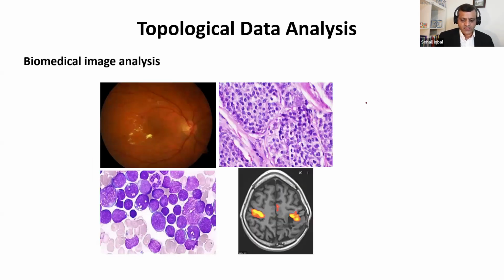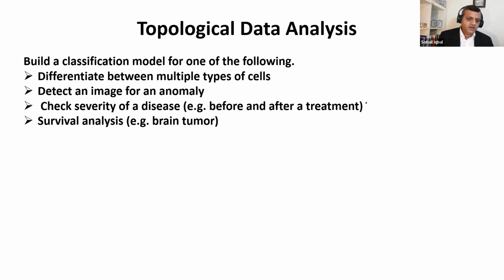So today, with the help of a case analysis of CT scan images, I'll try to convince you that topological approaches are very natural for biomedical image analysis. In biomedical image analysis, the problem we are interested in is differentiating between multiple types of cells. In cancer, there are many types of cells, and we want to differentiate them with the help of their topological features.